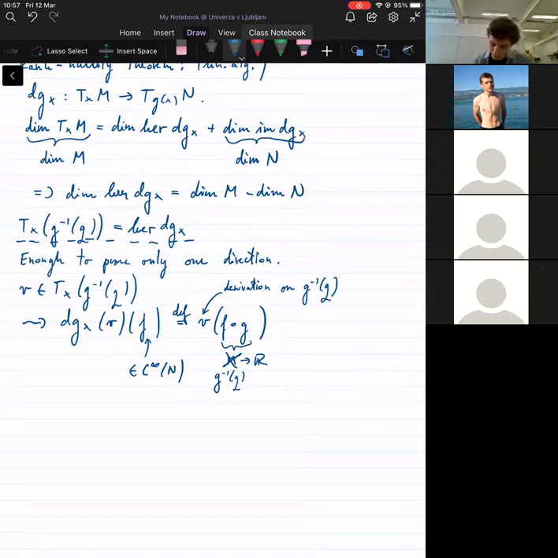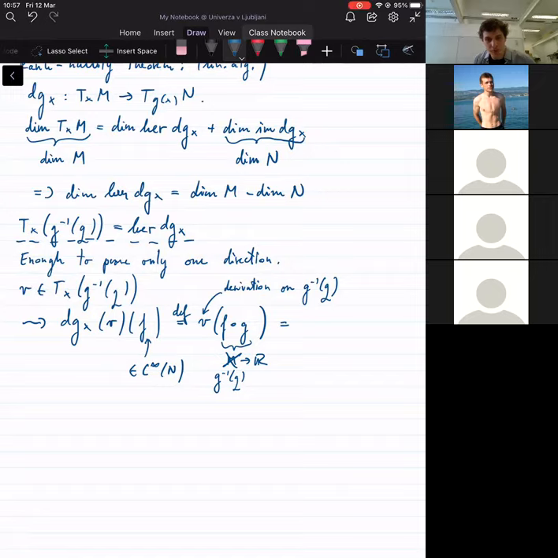Can anybody tell me what I'm going to write here? What can be said about this map, f of g? Is the question too simple? What does g do on g^-1(q)? It maps everything into q.